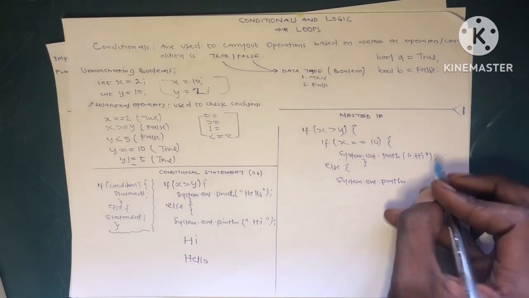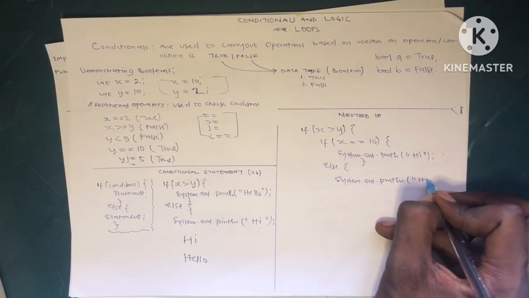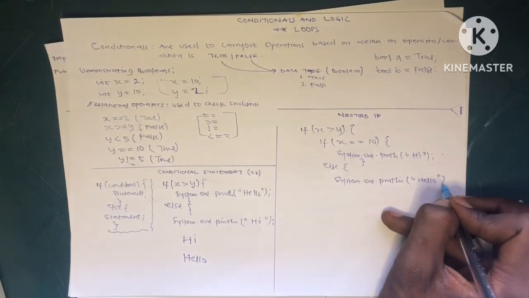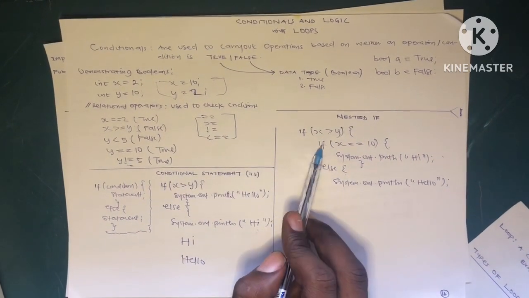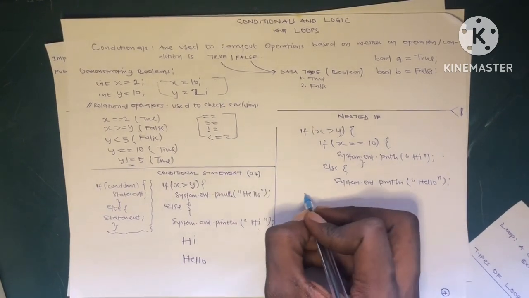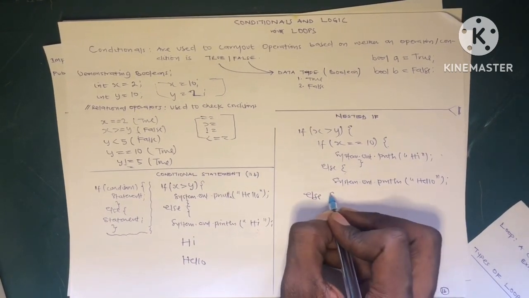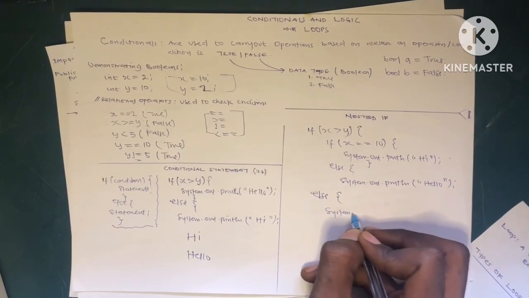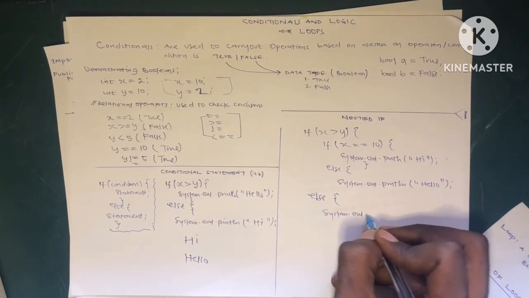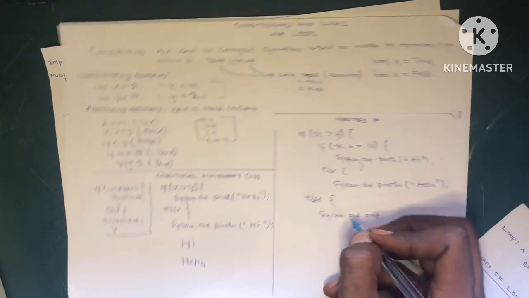Hope you are seeing that. I will explain what I mean after writing the program. So this if statement, this is the else, then we can say else System.out.println, print how are you.